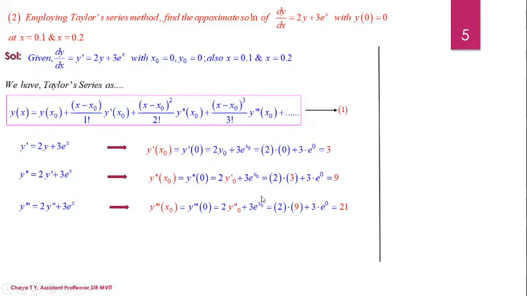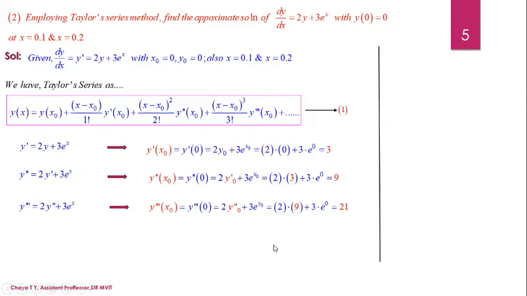So when I substitute, the expression becomes 2 into y naught double dash plus 3 into e to the power x naught, which is equals to 2 into y naught double dash is 9 from the previous expression, plus 3 into e power of 0. So which gives us 21 as the value.